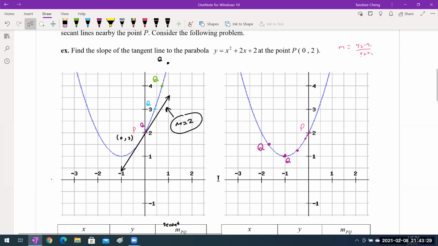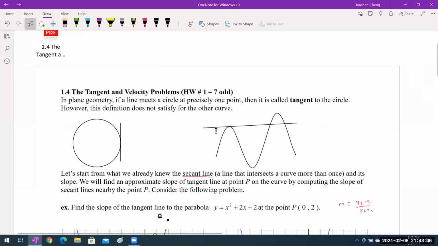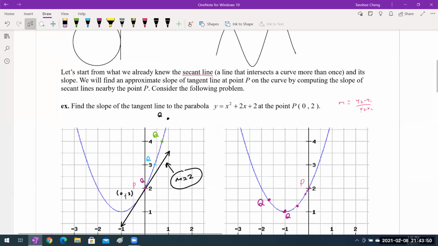So the key thing is we cannot find the slope of the tangent line with one point. The tangent line by definition touches the graph only once. Not necessarily in all cases, but in this case, if you continue the tangent line, it will never touch the graph at another point, so we won't be able to find it that way.